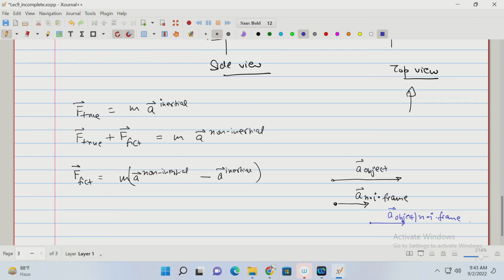If the non-inertial frame was moving with the acceleration of the object, then the blue thing will become 0, because both will be accelerating at the same rate.